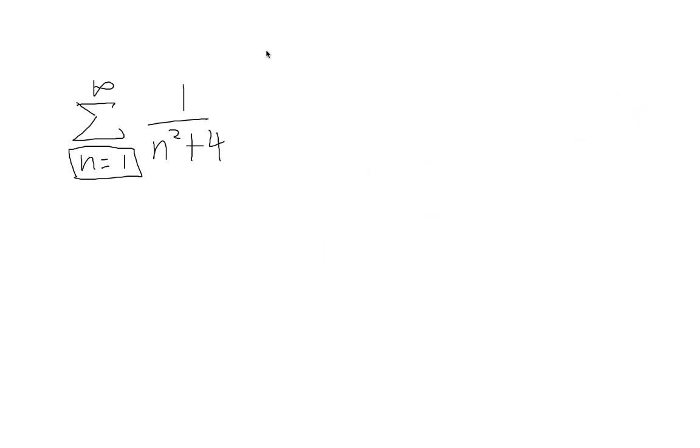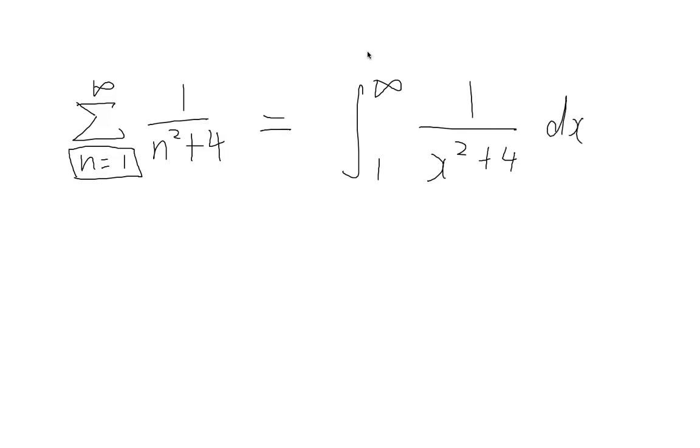Okay. So we go ahead to perform the integral test, and we transform this into the integral from 1 to infinity of 1 over x squared plus 4 dx. So you might see this involves some previous calculus knowledge on how to integrate this one.